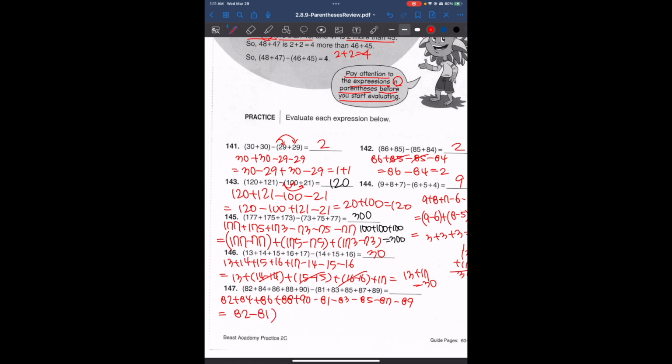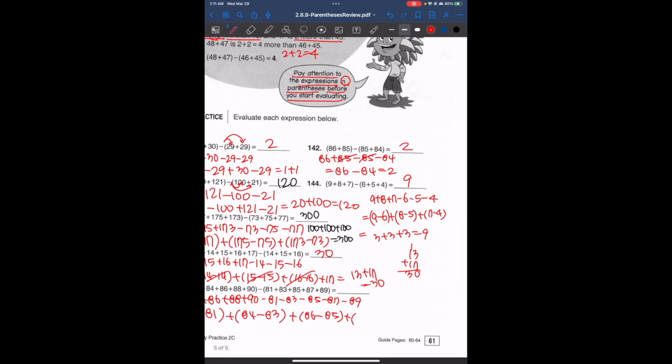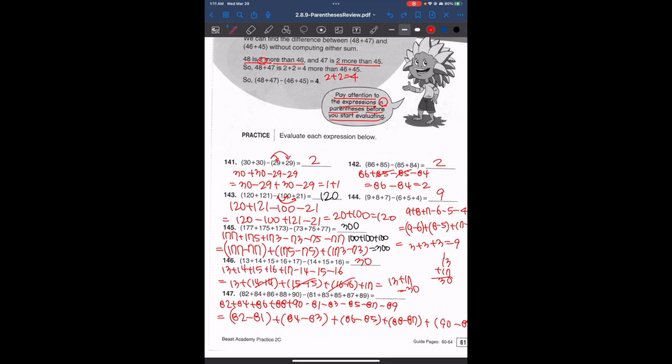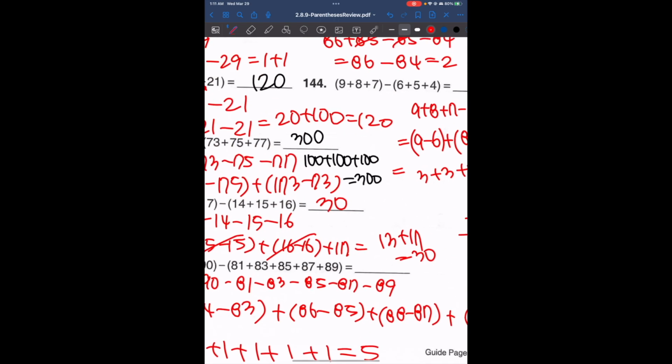So 82 minus 81 plus 84 minus 83 plus 86 minus 85 plus 88 minus 87 plus 90 minus 89. And so basically all of these are equal to 1. So essentially it's 1 plus 1 plus 1 plus 1 plus 1, which is equal to 5.